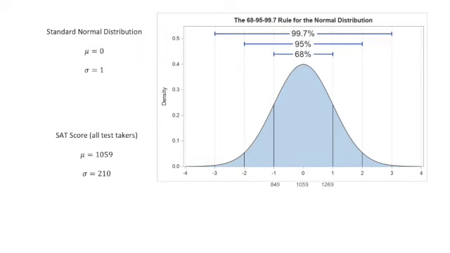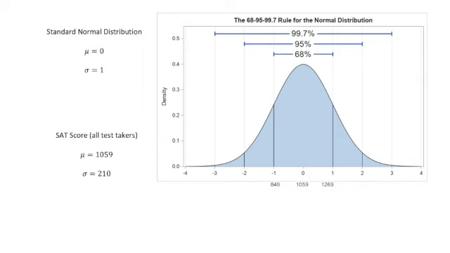So you can see here that I've overlaid the first standard deviation underneath our x-axis on our standard normal distribution graph. In this regard, we know that 1059, that average SAT score, corresponds to 0 on the standard normal distribution because that's our mean. If we subtract a standard deviation, in this case 210, from that mean of 1059, we get 849 for our negative 1 standard deviation position.